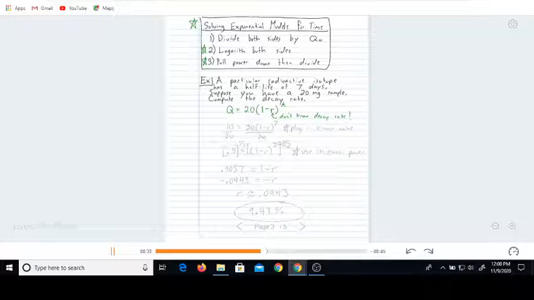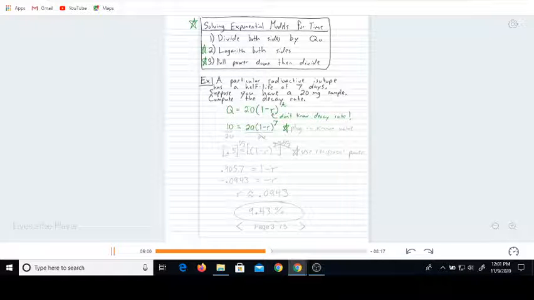So what we're going to have to do is input known values. We know it has a half-life of 7 days. So if I set the time value to 7, then I know the quantity is going to be half. We have a 20 milligram sample; half of that is 10.